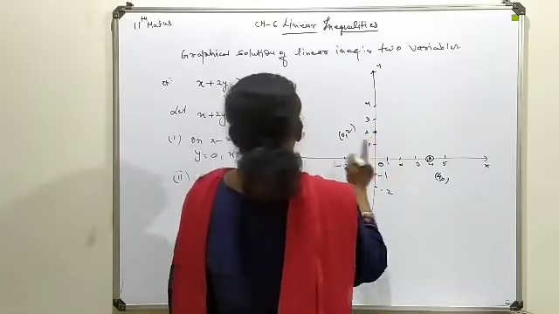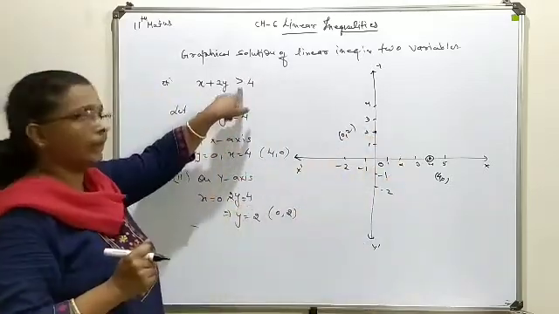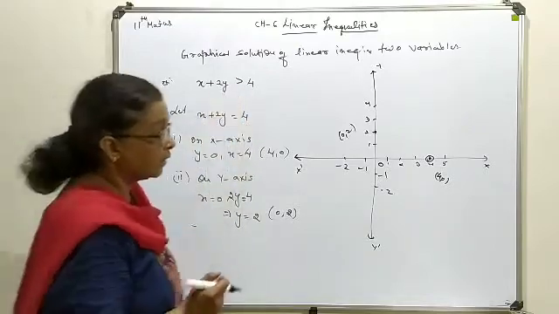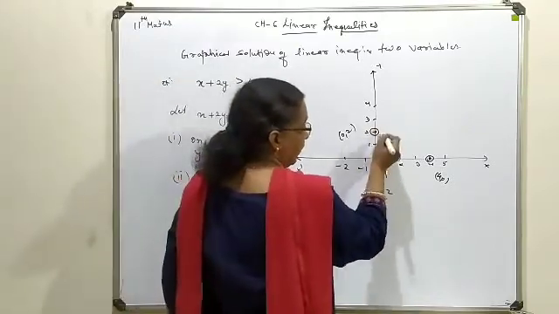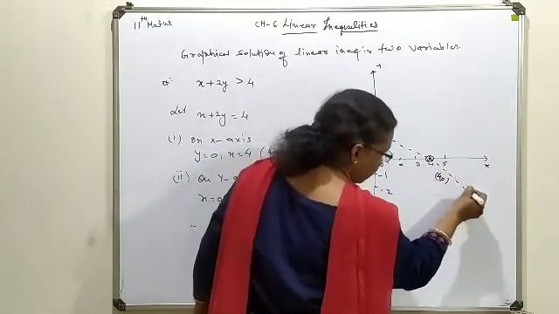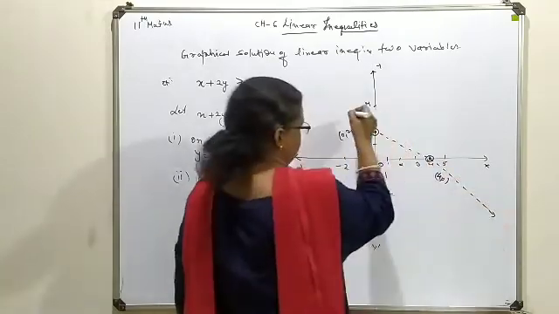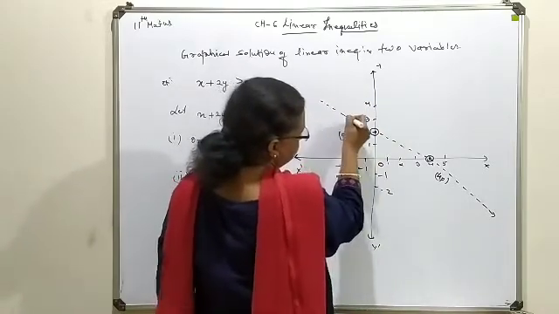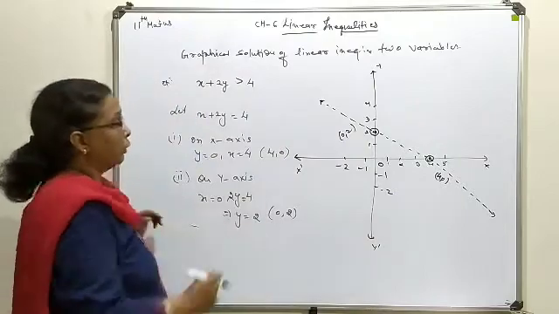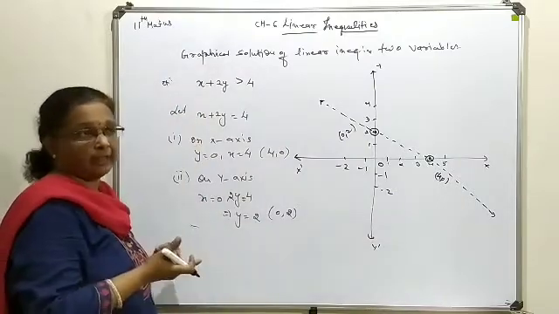Now join them. Here you see no equality sign is written in this relationship. So here you will make a dash line to join these 2 points and represent this line this way. Now which side do we have to shade?